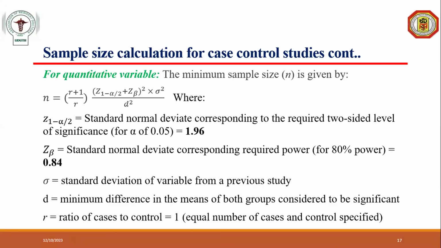So the variable that you want to measure as the outcome in the previous study, its standard deviation is lambda. Then D is the minimum difference in the mean of both groups considered to be significant. So maybe the mean of cases and the mean of controls, what is the difference between them? That difference is our D. Then R is the ratio of cases to controls, as we have said.